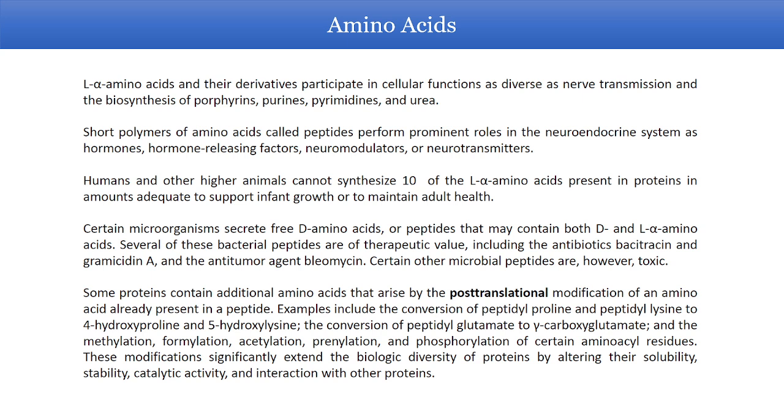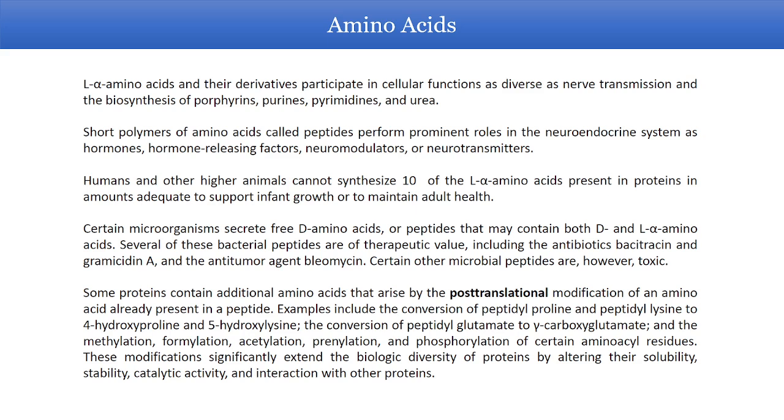Examples include the conversion of a peptidyl proline and a peptidyl lysine to 4-hydroxyproline and 4-hydroxylysine, giving rise to two other amino acids that have a different side chain due to the post-translational modification. These modifications can be due to methylation, formylation, prenylation, acetylation, and so on and so forth.